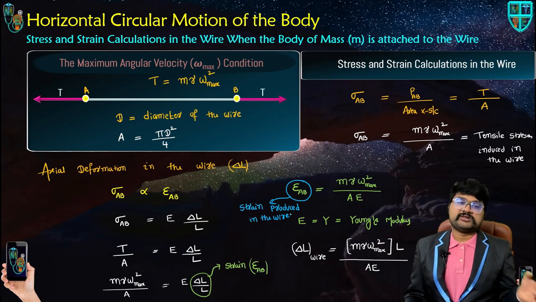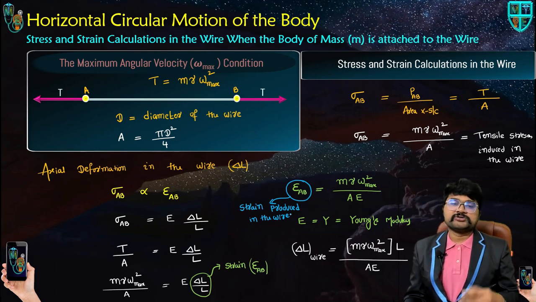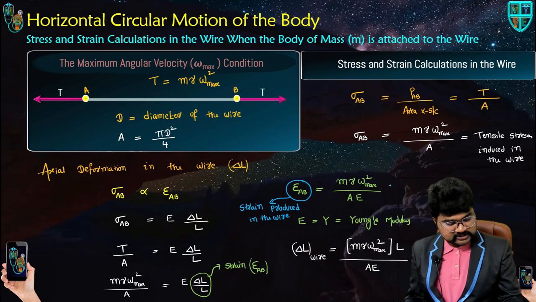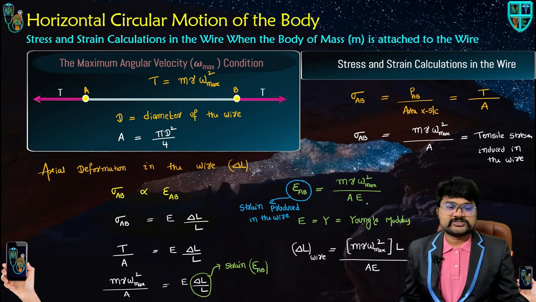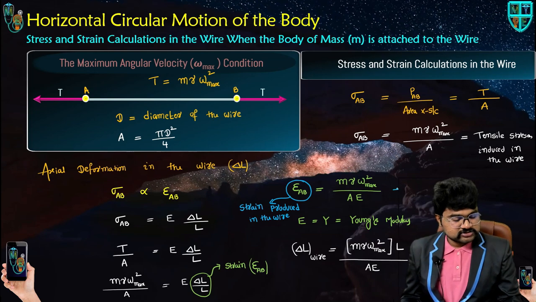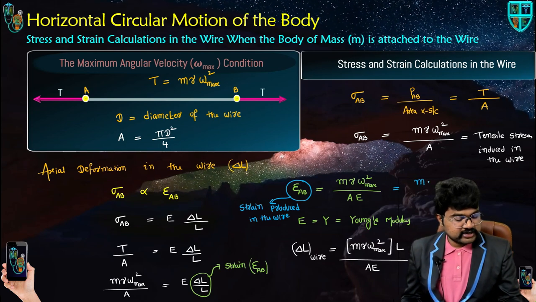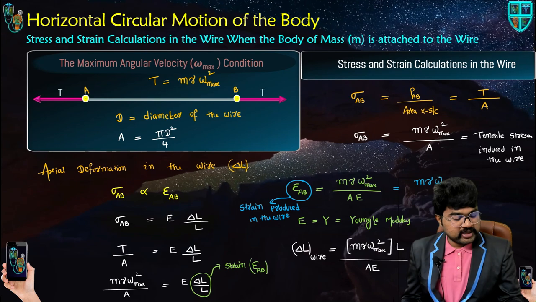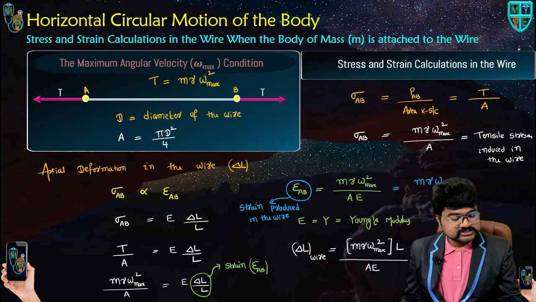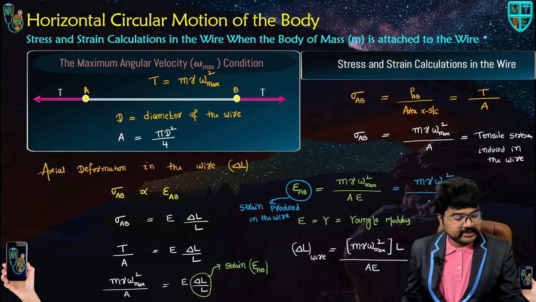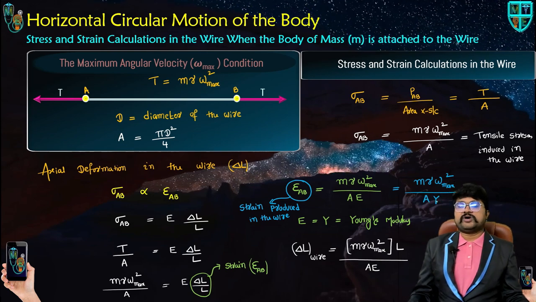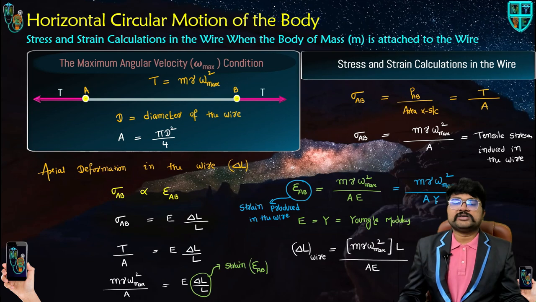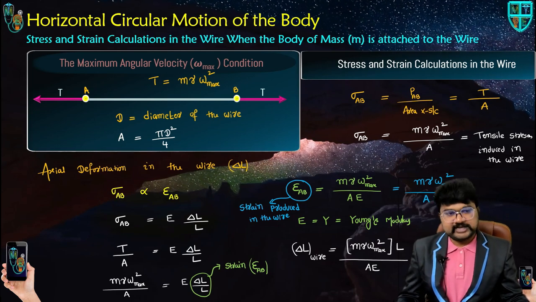Stress induced in the wire and strain produced in the wire. Understood? m R omega maximum square by A E, where E refers to Young's modulus. If you are familiar with this, you can write it like this: m R omega maximum square by A Y also. Y and E both are Young's modulus of elasticity.